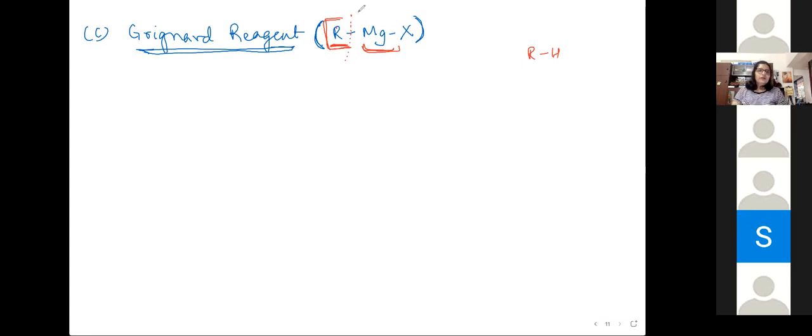Okay. So how do you prepare Grignard reagent? You take alkyl halide. If instead of sodium in the previous case, you take magnesium in dry ether, you get Grignard reagent.